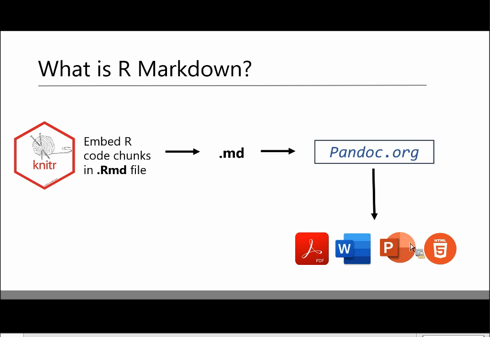So that is Markdown, but what is R Markdown? Essentially, that Markdown language was quite simple. It didn't have the ability to include tables or scientific notation or references or other complex pieces of text that you would want in a scientific document.